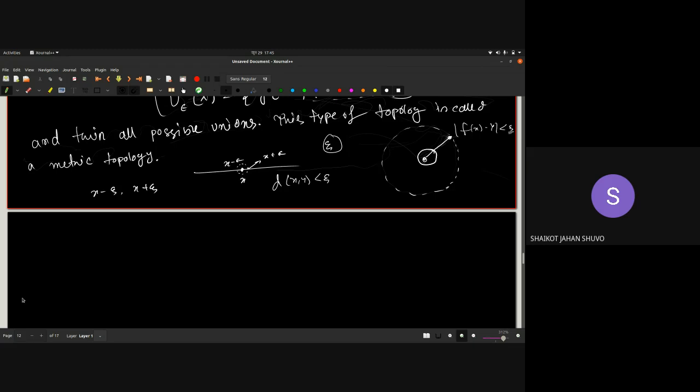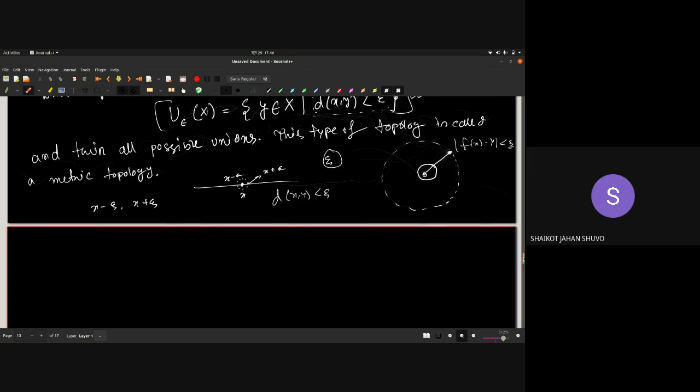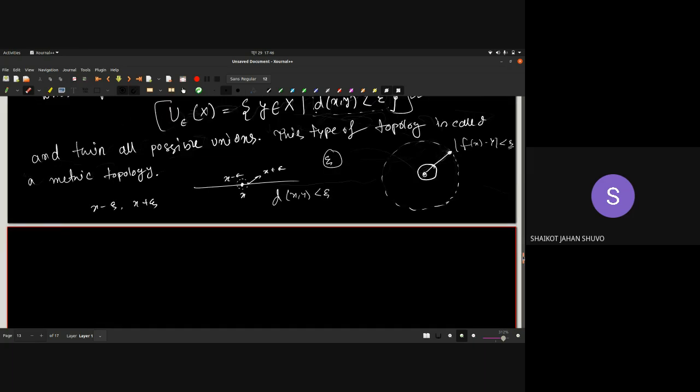So how does the set have a condition like d of x, y less than epsilon? That's a definition. You cannot prove it. Can you prove any axiom? Can you prove 1 plus 1 equals 2 for real numbers? No. That's how we define things. If you challenge definitions, then all the things are going to go down the drain. You can do that, but I don't think you will find a satisfactory answer.